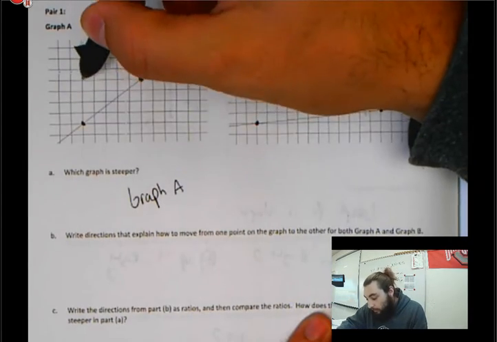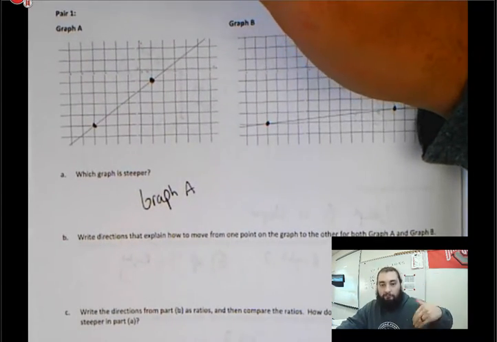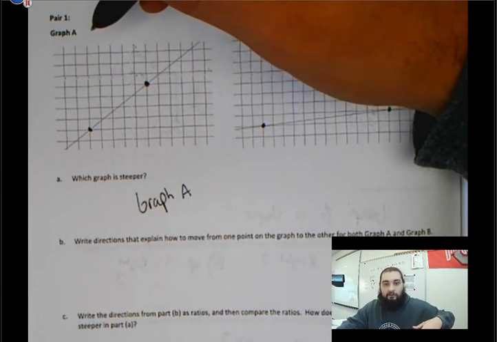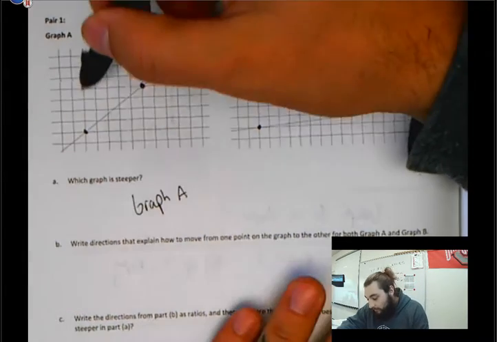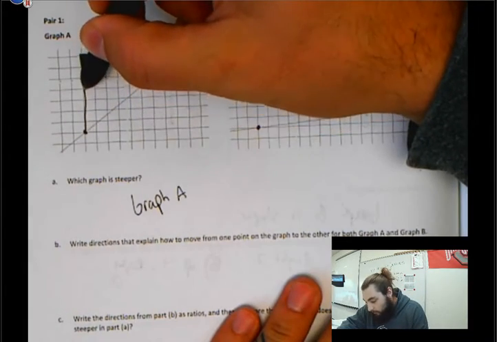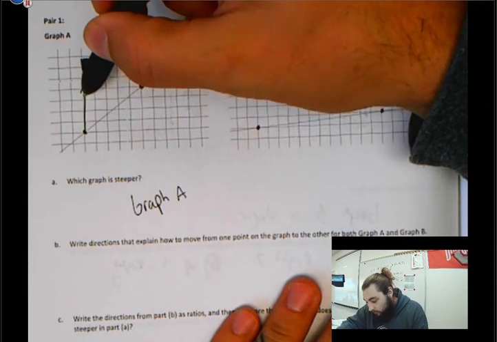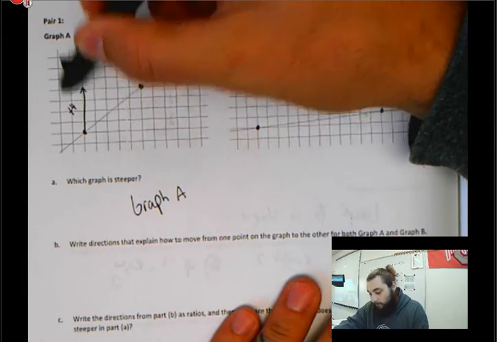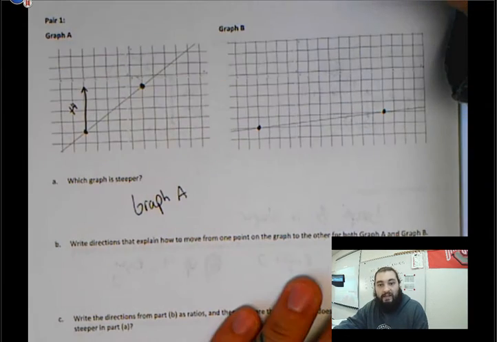The change in y is the change in our vertical distance, so either going up or going down. In this particular case, we are going up. Okay, so we go up 1, 2, 3, 4. So we're going up 4. That's our rise.